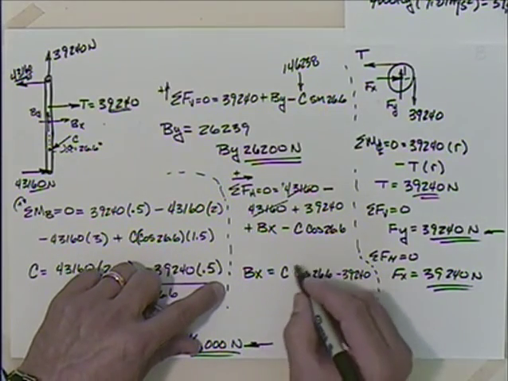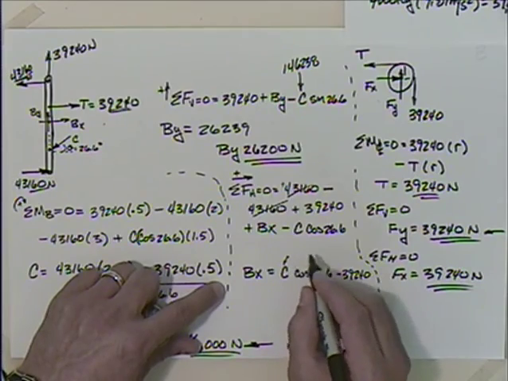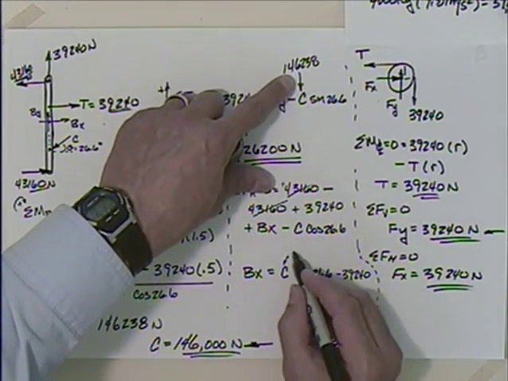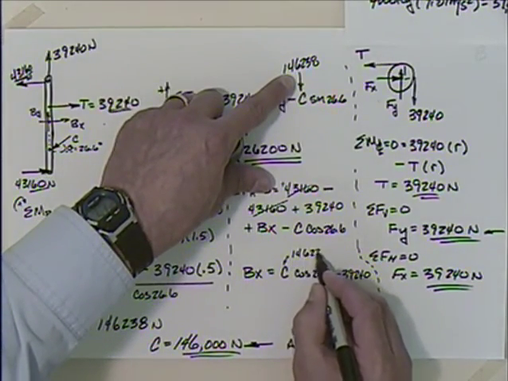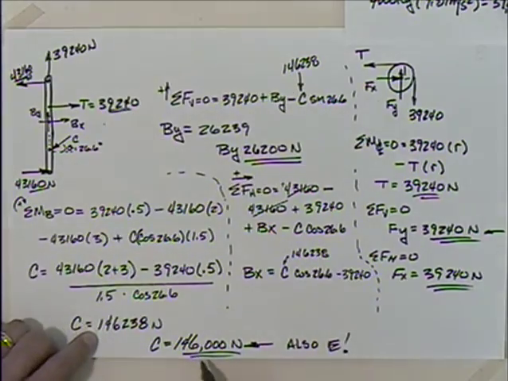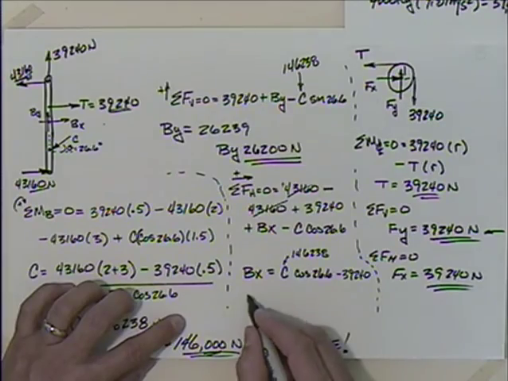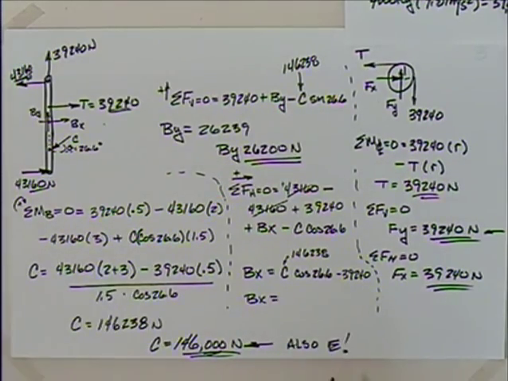So we'll make a substitution for that. What was C? I'll go to this number again, 146,238. If you wanted to substitute this in, you could. And let's see what we get for a final answer here.